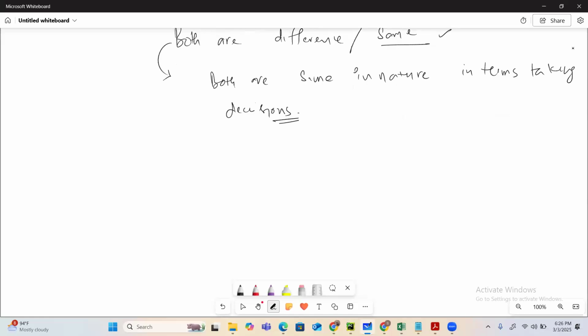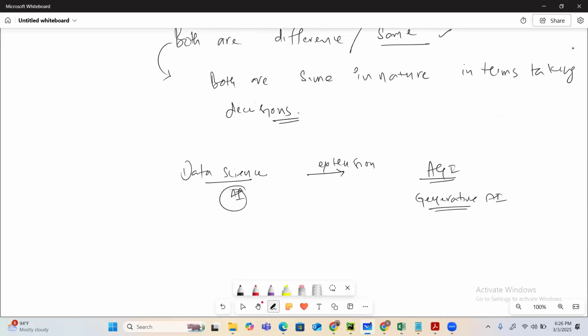So, data science has an extension, which is AGI, the artificial intelligence. AGI is your generative AI. Okay. What is AI basically?